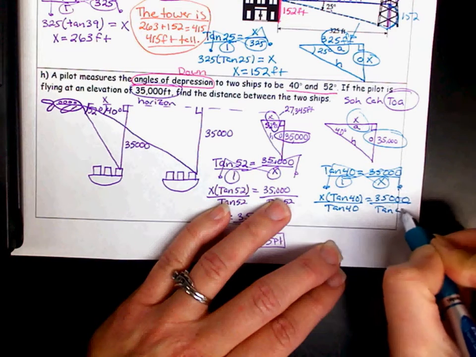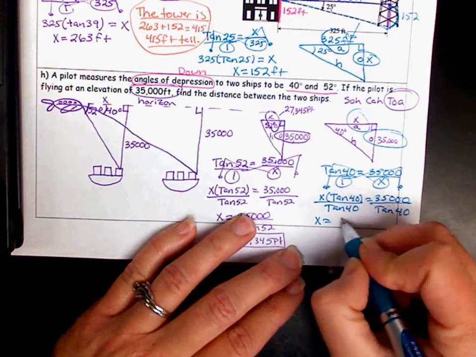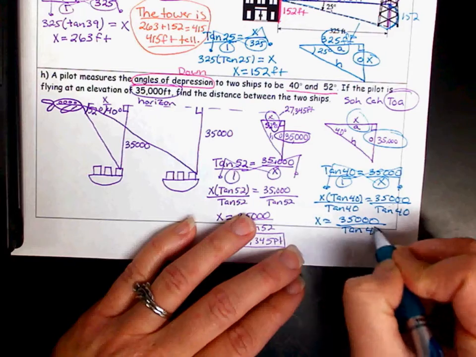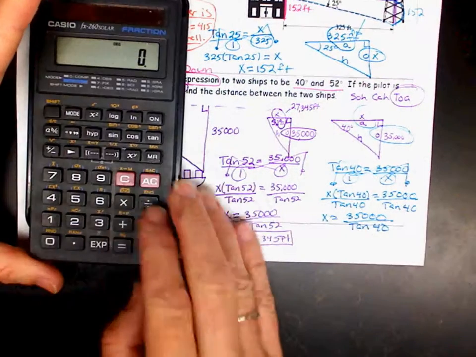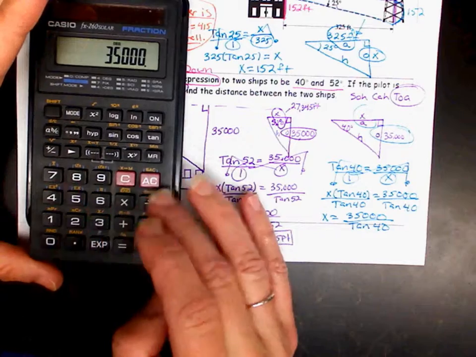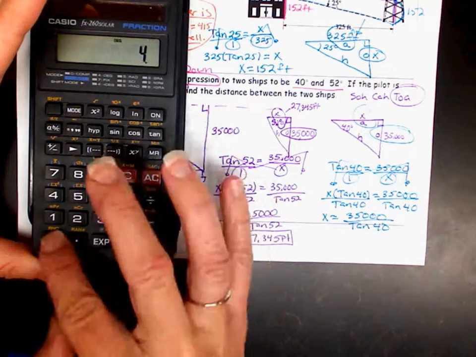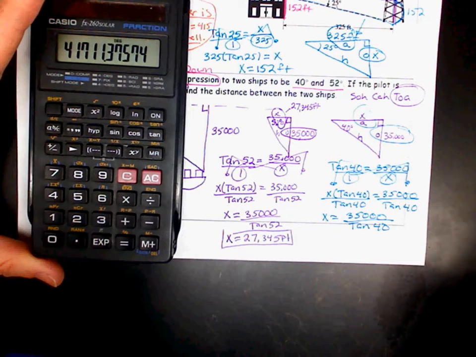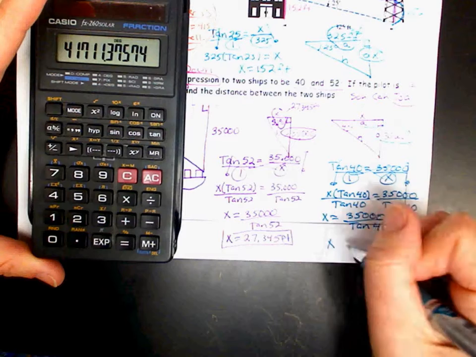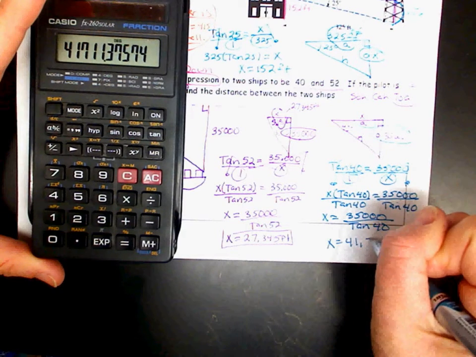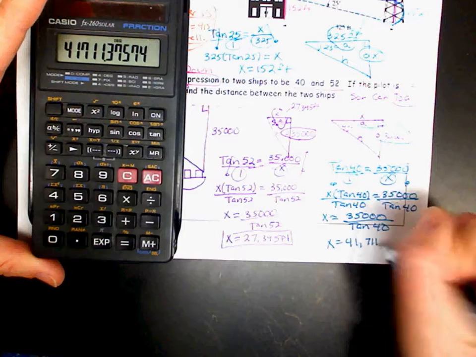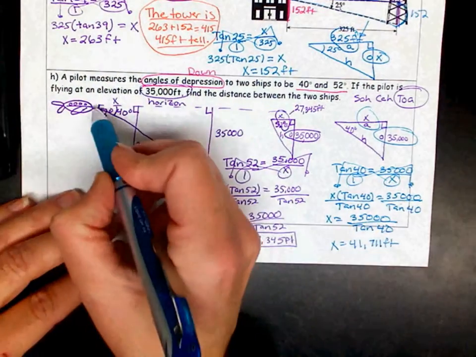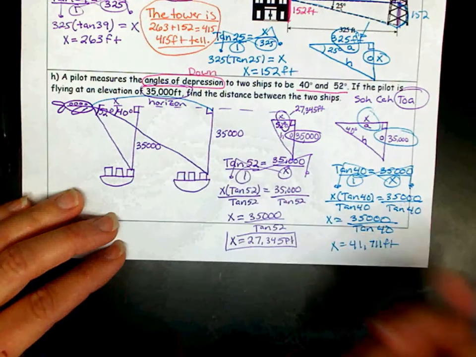You're going to get x equals 35,000 divided by the tangent of 40. Okay, and I got x to be 41,711 feet. Makes sense. Okay, so from here to here is 41,711 feet.